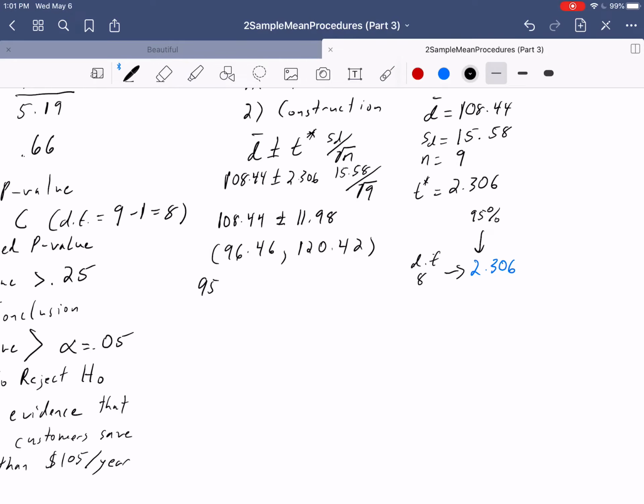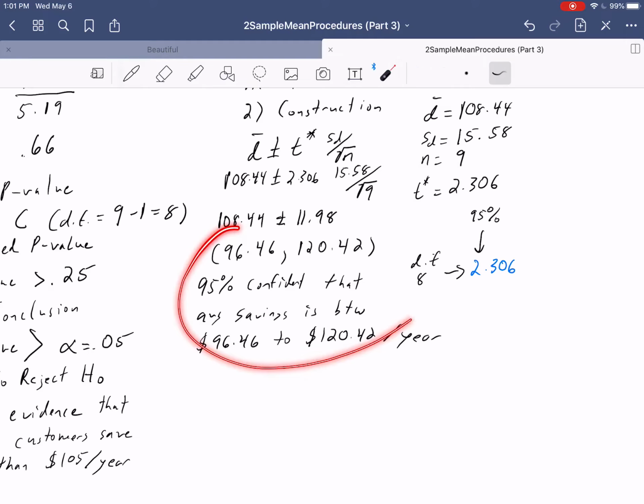So we're 95% confident that average savings is between $96.46 to $120.42 per year.